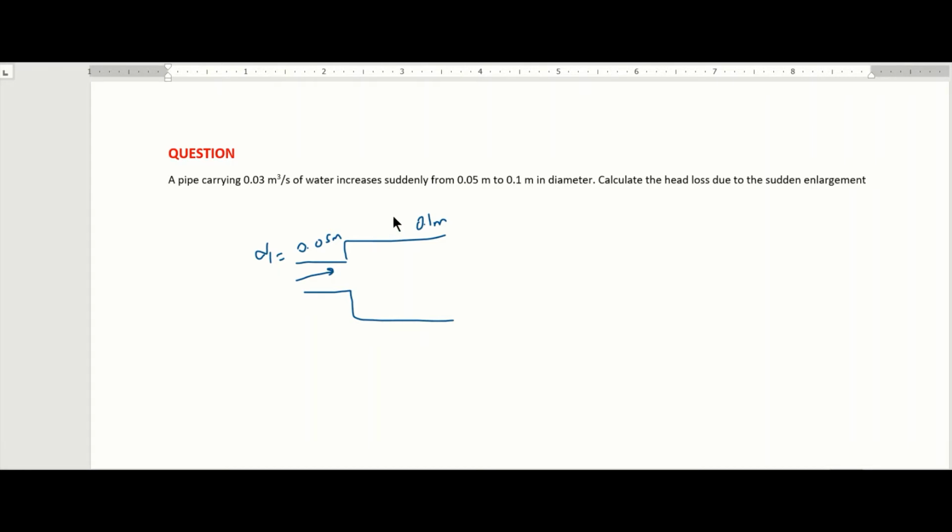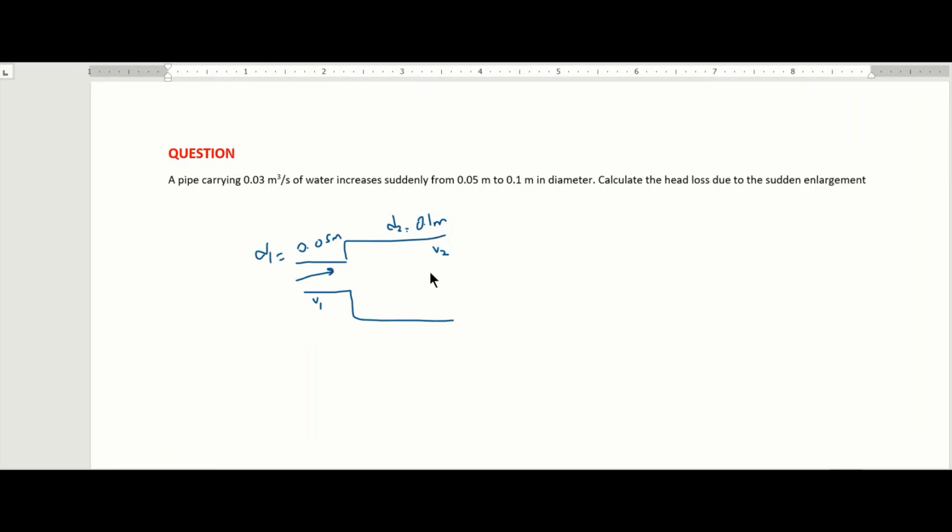We can call this our D2. All right. So here's our V1. Here is our V2. All right. So before we can find the head loss due to sudden enlargement, we have to find the area of the smaller diameter and the area of the larger diameter.